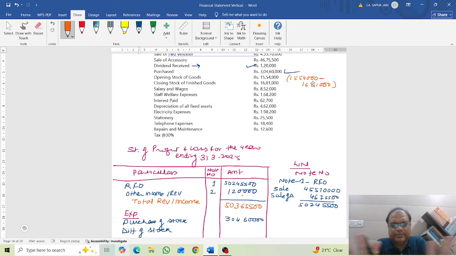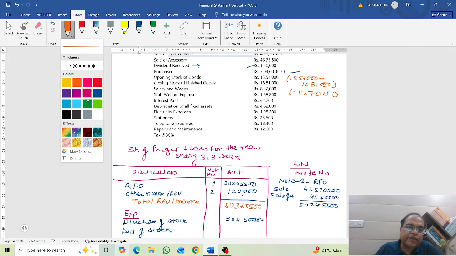All the things may be possible. Here opening stock is lesser than the closing stock. So difference is in minus, this is 1,27,000.